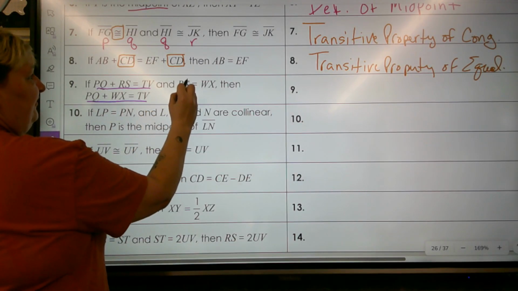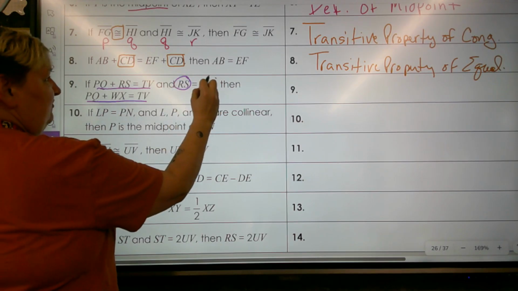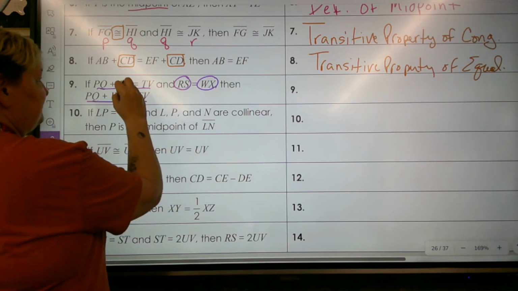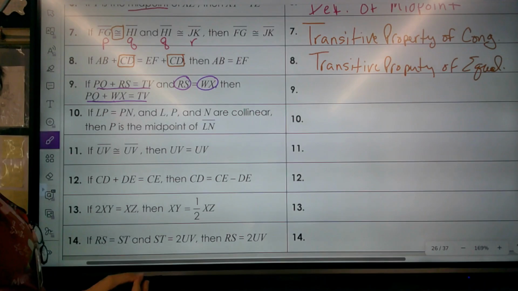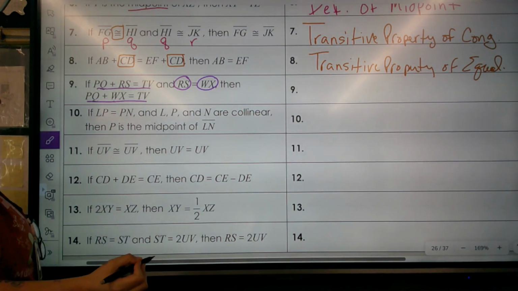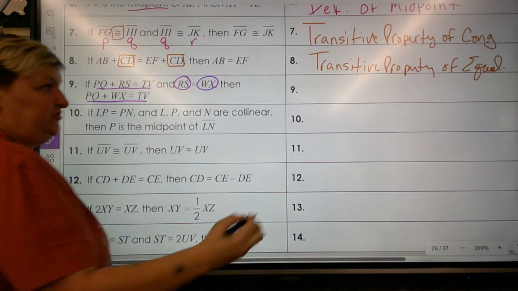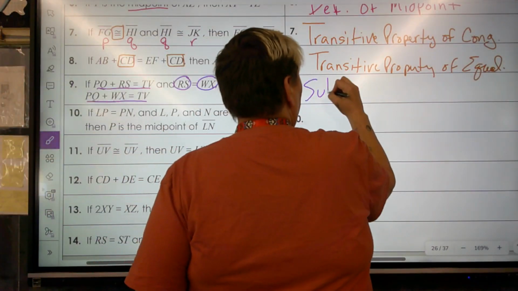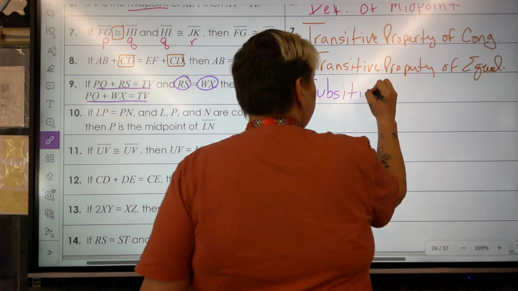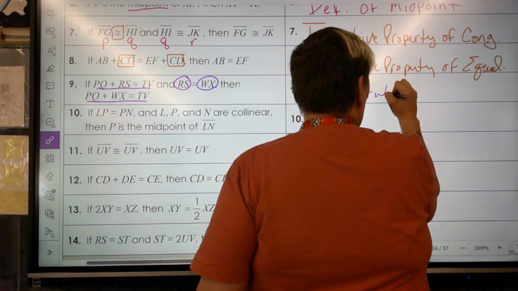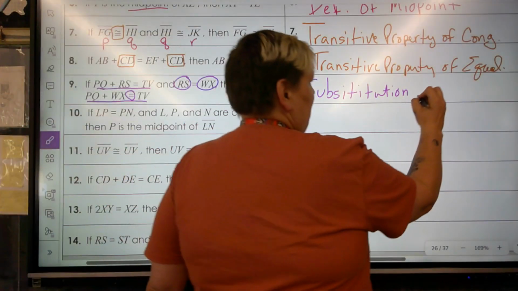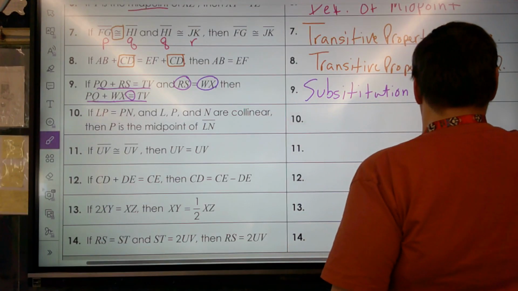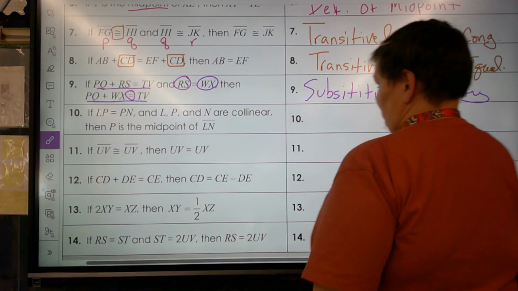Well, they figured out that if RS is equal to WX, then they could substitute RS with WX. They could replace it. Substitution property. And because it was an equal sign, we can use the properties of equality. So it's substitution property.